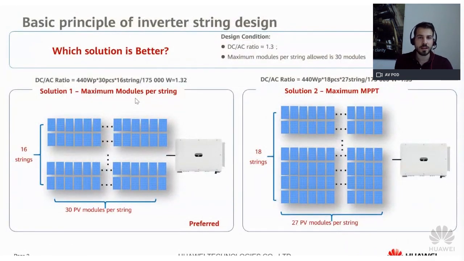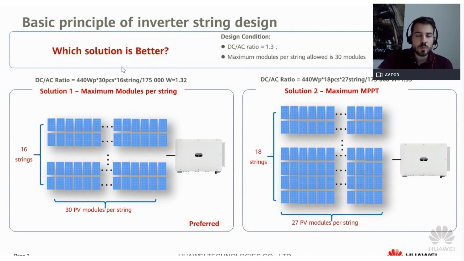Okay, so like everybody probably knows, the basic principle of inverter string design. Let's suppose we have a DC-AC ratio, and considering that we are using modules per string and many strings, we have the option to set the number of strings or the used MPPT based on our needs, or the location, or other configuration.